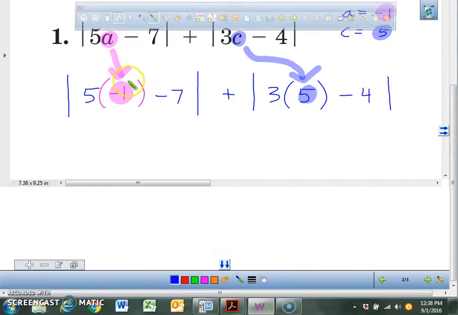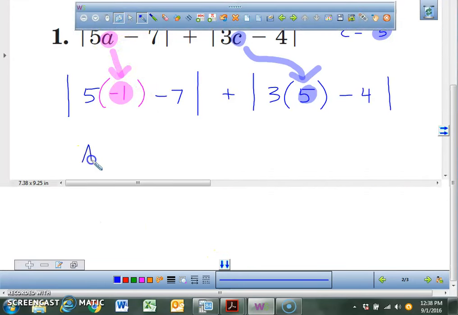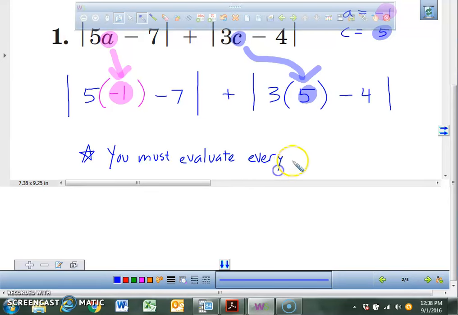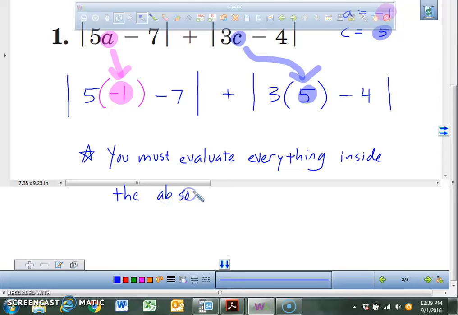Now, I'm going to write a statement here. You must evaluate everything inside the absolute value first.